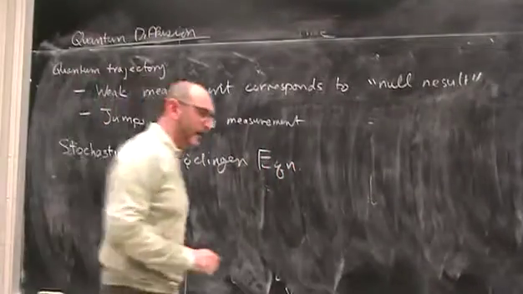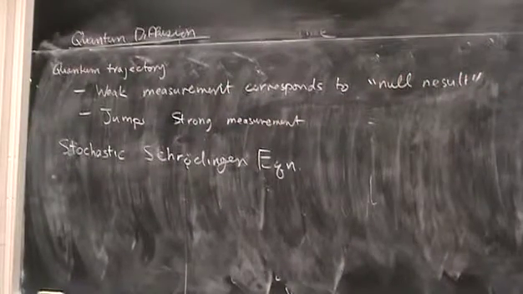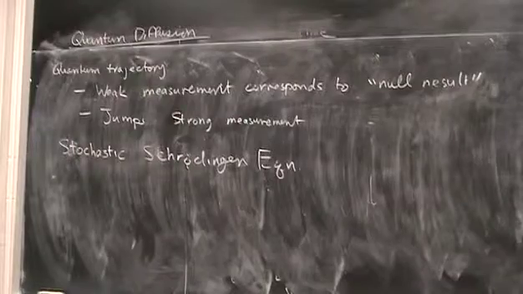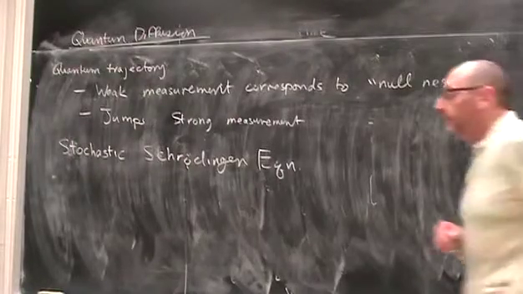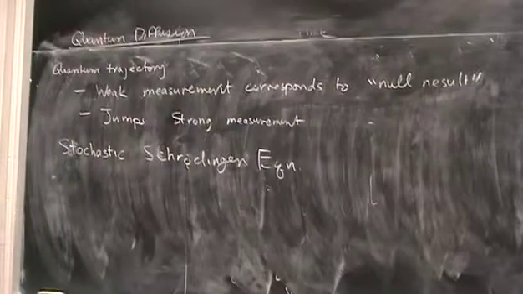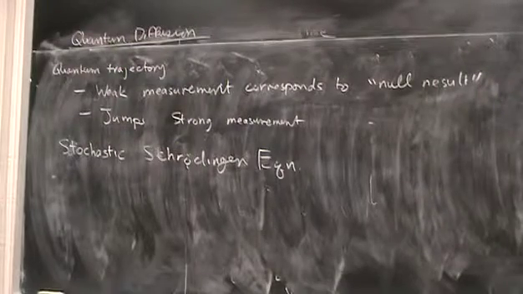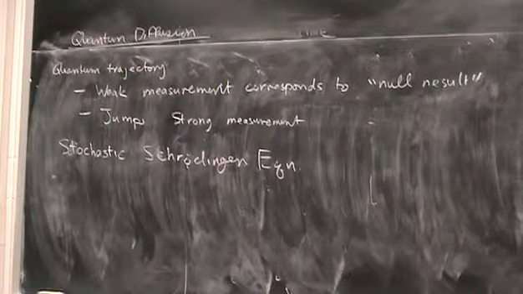All right, so how are we going to get at this? Let's go back and think about the general formalism, how we derive the quantum trajectories from thinking about CP maps, differential CP maps. Okay?